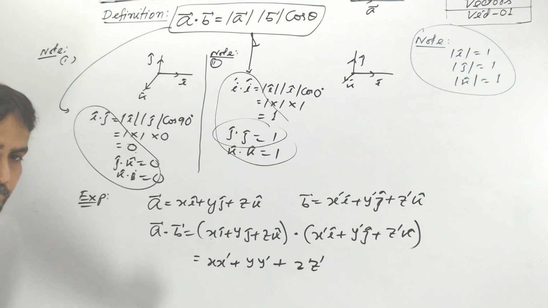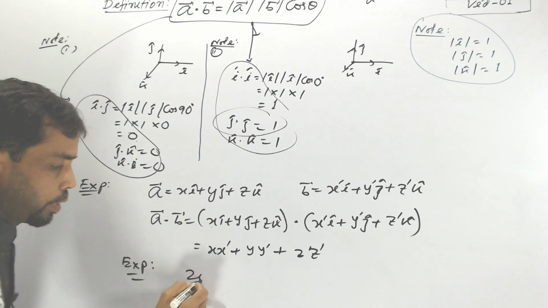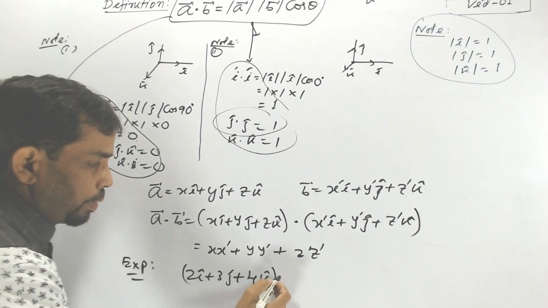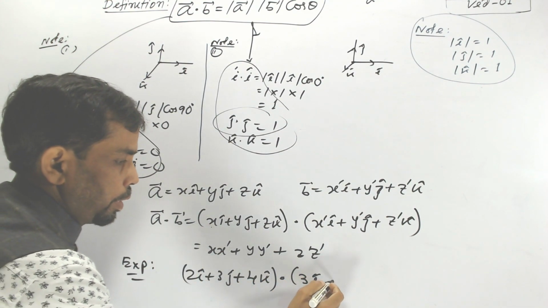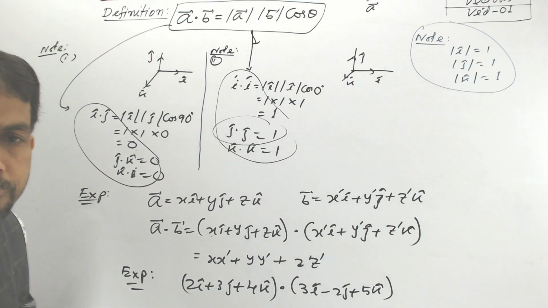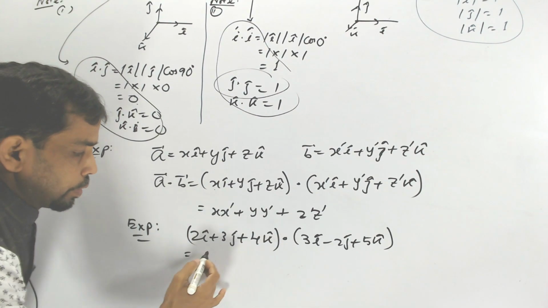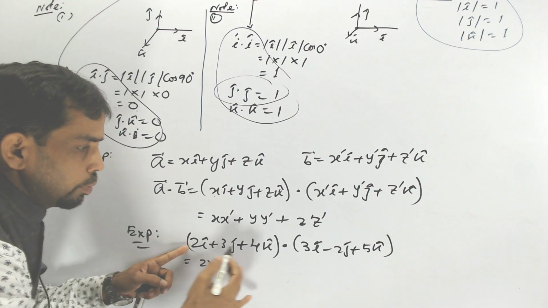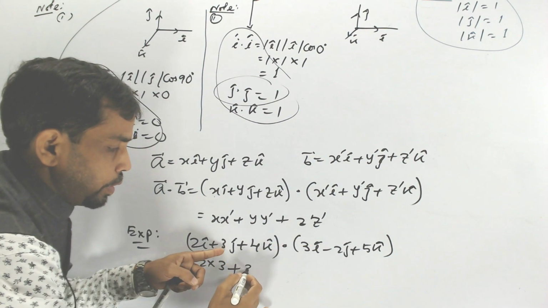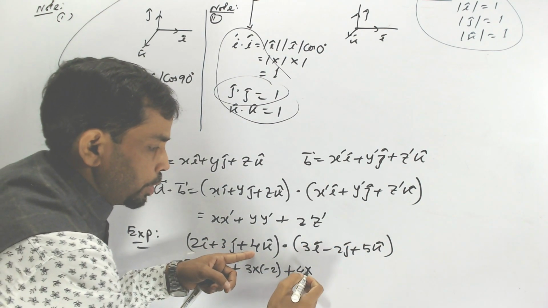I am taking an example. If we have two vectors, say 2i plus 3j plus 4k, and you are finding the dot product with 3i minus 2j plus 5k, then first into first, 2 into 3, coefficient of i with coefficient of i, plus coefficient of j with coefficient of j, plus coefficient of k with coefficient of k.